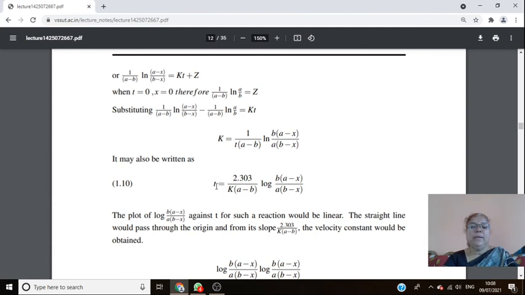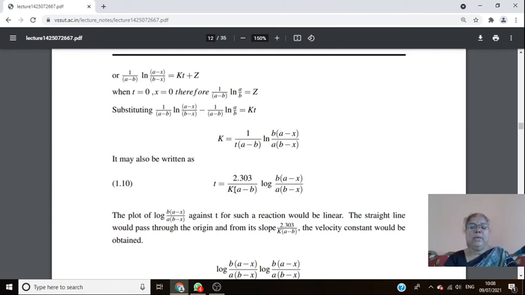So this equation for k is k equal to 2.303 upon t (A minus B) into log of B (A minus x) upon A (B minus x).